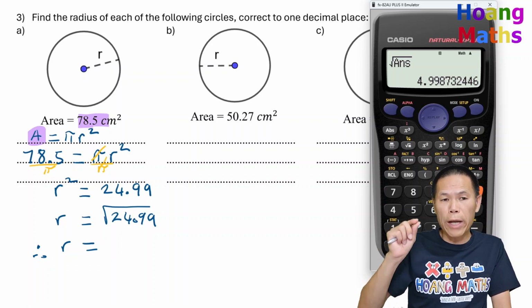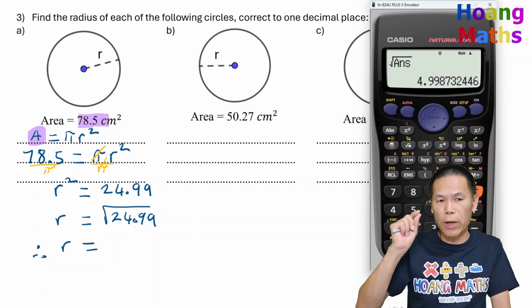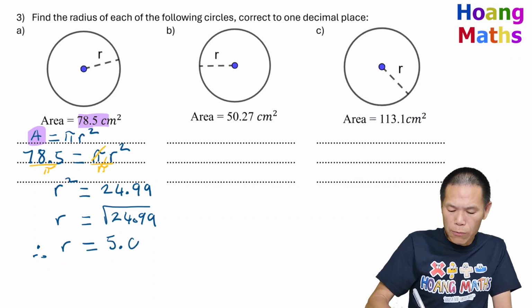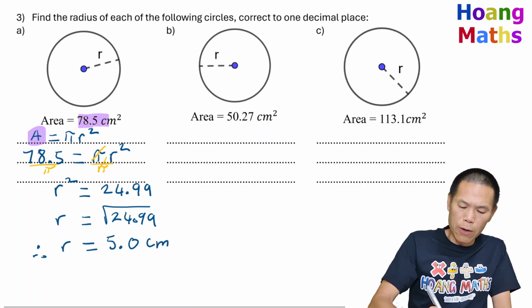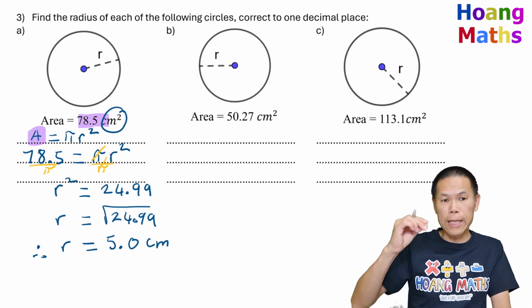So we add 1 on top of 9. So instead of 4.9 it becomes 5, okay, 5.0, one decimal place. So 5.0, and the unit is centimeters because the area is in square centimeters. So the radius must be in centimeters.